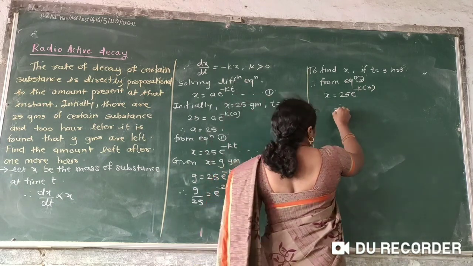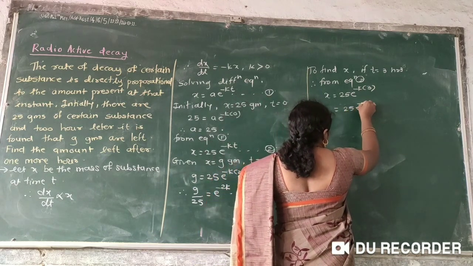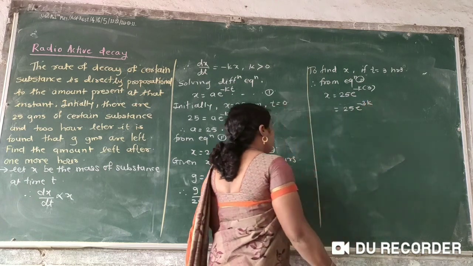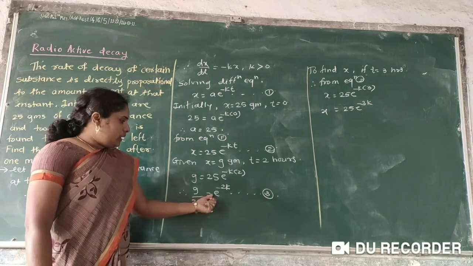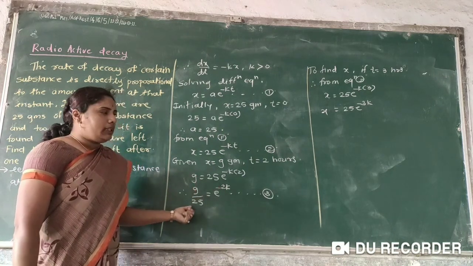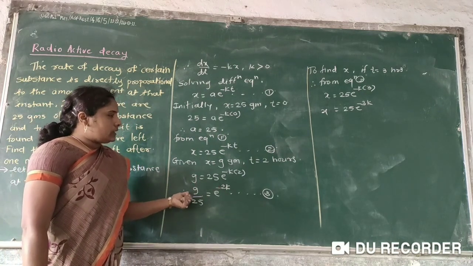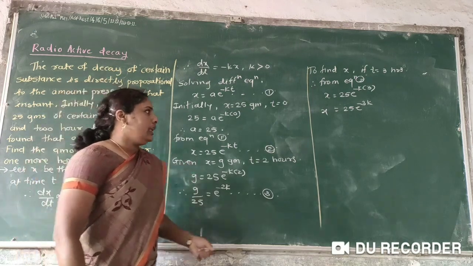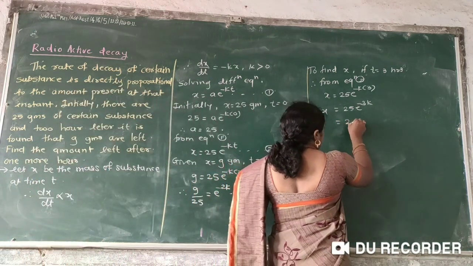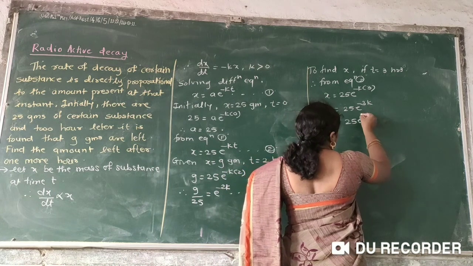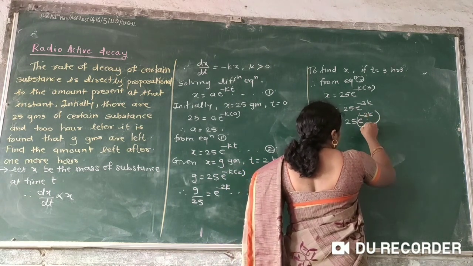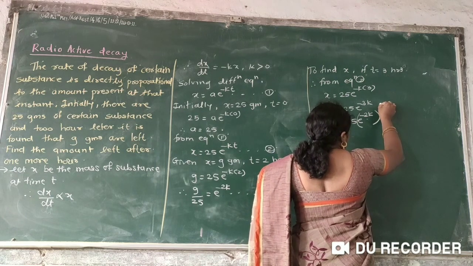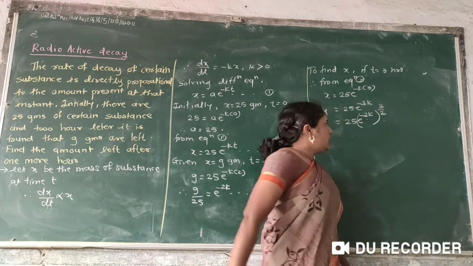That is equal to 25 e raised to minus 3k. But we know the value of e raised to minus 2k is 9 by 25. For this, we use this value: e raised to minus 3k is e raised to minus 2k raised to 3 by 2.